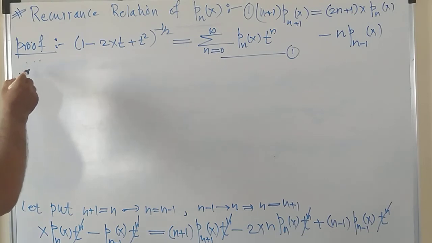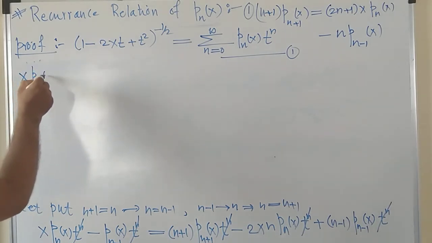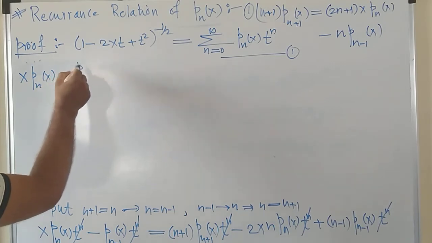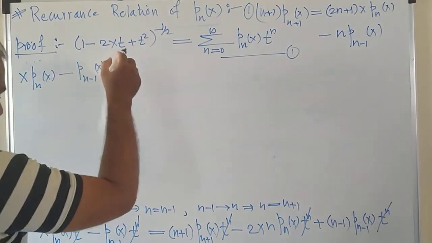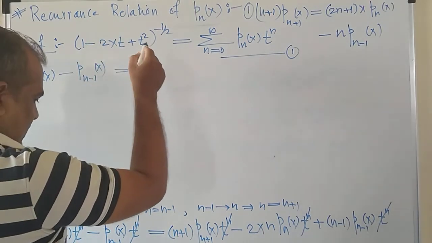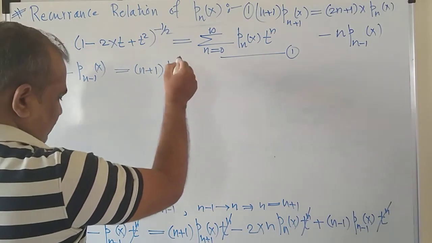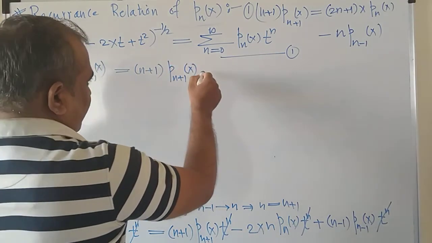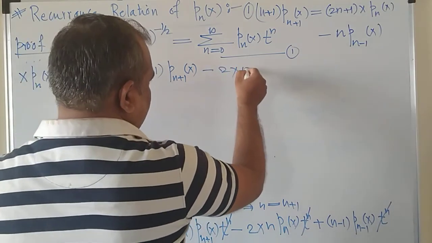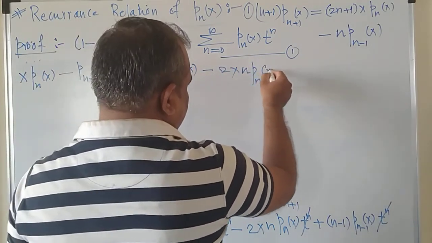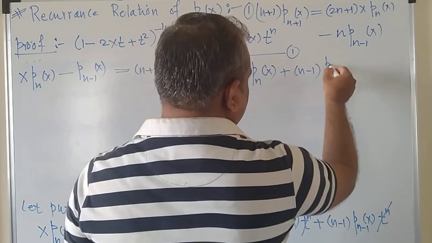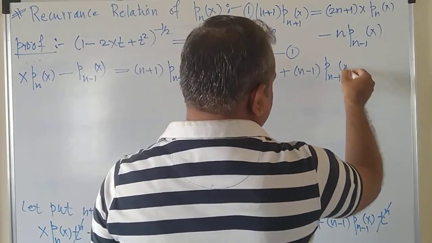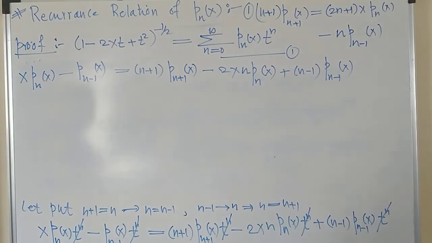So you will be left with x into Pn of x minus Pn minus 1 of x equals to n plus 1 Pn plus 1 of x minus 2x n into Pn of x and plus n minus 1 times Pn minus 1 of x. This is the relation you will be left with after cancelling t raised to power n.